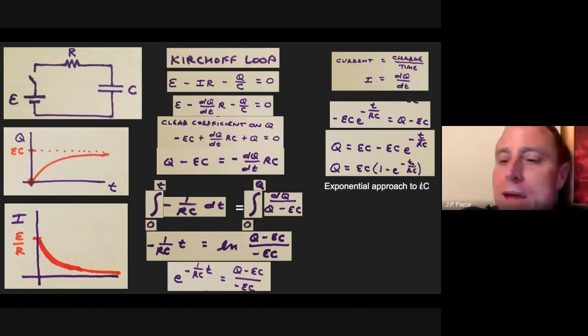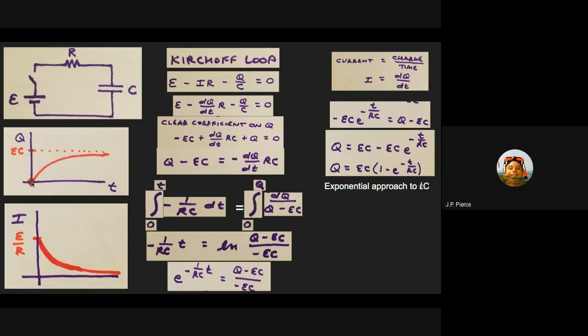You can tell that because if t were 0 here, then e to the minus 0 would be 1, and this whole term would go to 0. So at t equals 0, you do get a charge of 0. If you put in t equals infinity, you'd have e to the minus infinity for this last term, which would basically be 0, so you'd have 1 minus 0 gives you 1. So at t equals infinity, the charge builds up to epsilon c. So this is an exponential approach. This orange box expression gives you that graph over there on the left, okay?